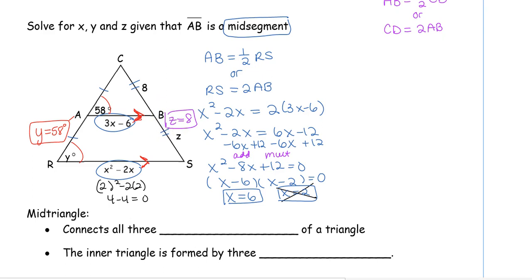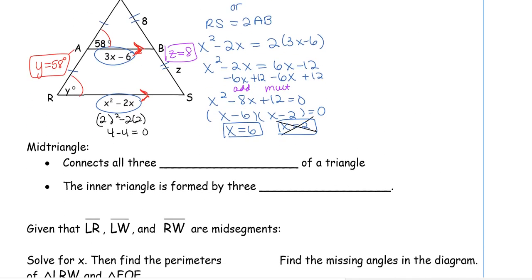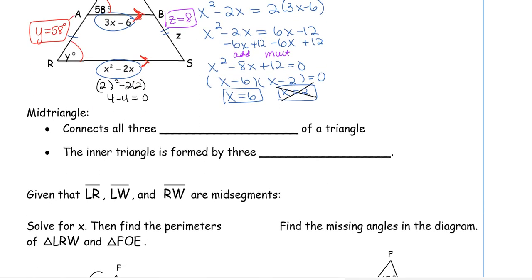All right, so we take these midsegments and we create a mid-triangle. What a mid-triangle looks like is if we have a triangle, we have a mid-segment here, which means these two pieces are congruent and these two pieces are congruent, but then I also draw in this mid-segment.